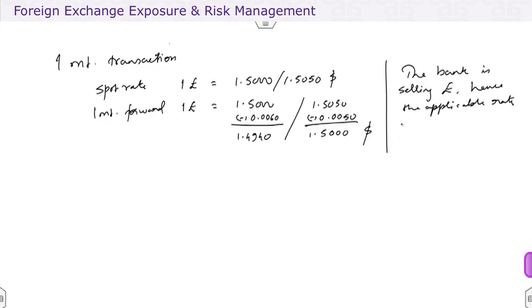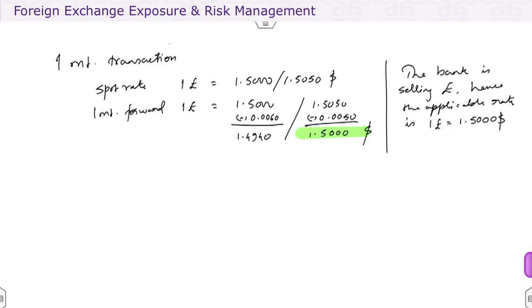The sell rate in this case, forward 1 month, is 1.5000. So the applicable rate is: 1 British pound is equal to 1.5000 dollars.